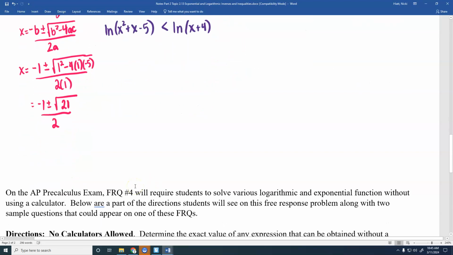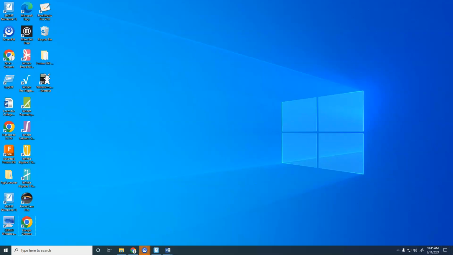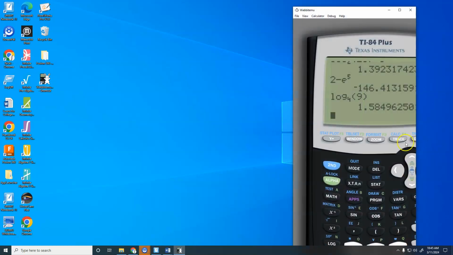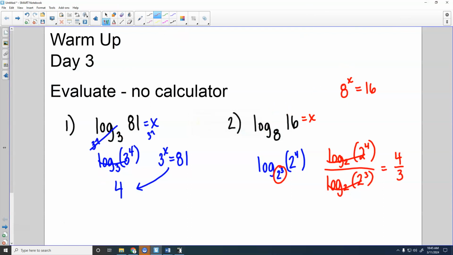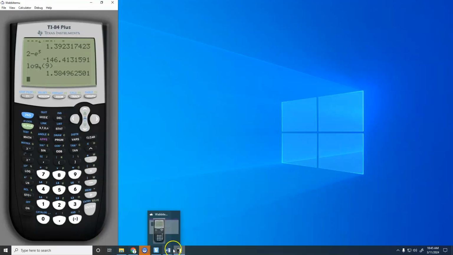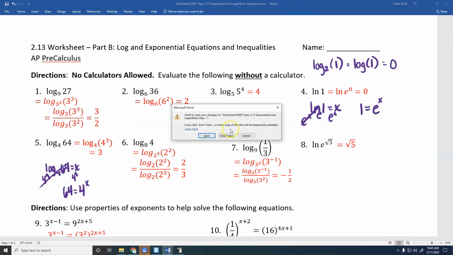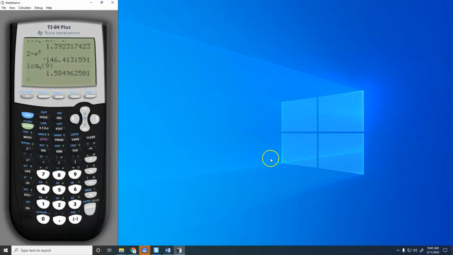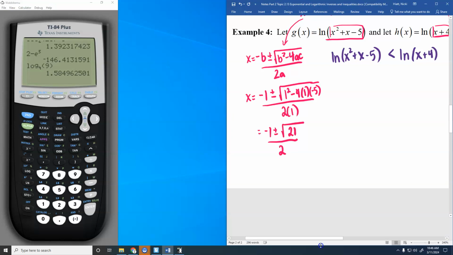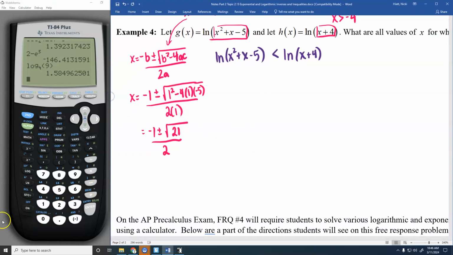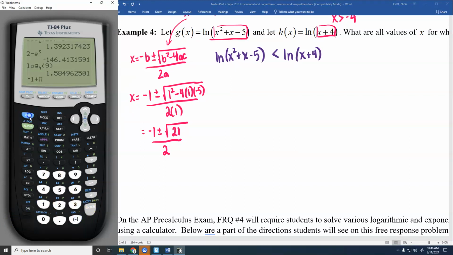And he did go ahead and just use his calculator to get a decimal there, because it's hard to tell what it would be without that. So if I type in negative 1 plus the square root of 21, divided by 2, I will get 1.7912.